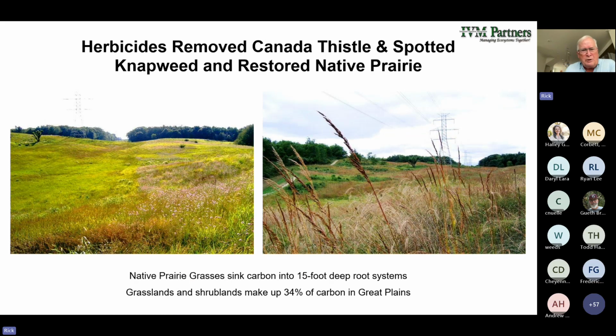One area that we took out, also herbicides that would take out spotted knapweed, which is the pink flower on the left on the right-hand side, the border zone, or outside the border zone, and Canada thistle. We started getting our native prairie grasses back, which again will also incorporate carbon into the root systems.